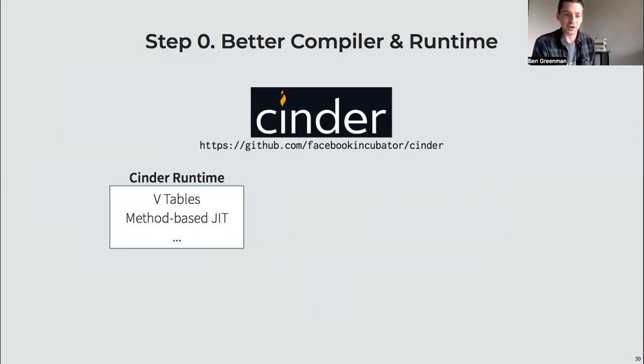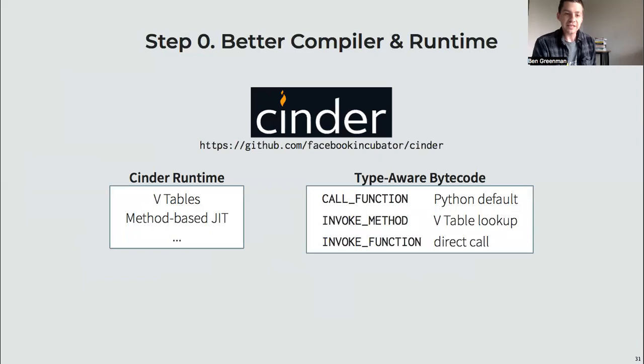The 2 ingredients I want to talk about are, first, there are vtables to speed up object access, and there's also a method at a time JIT compiler inside Cinder. And the JIT especially builds on extended bytecode that's been added with Cinder. So on top of the Python instructions like call function, Cinder also has some type optimized bytecodes.